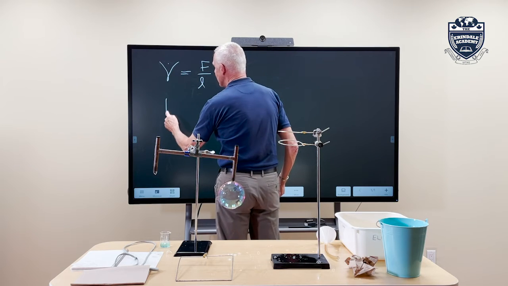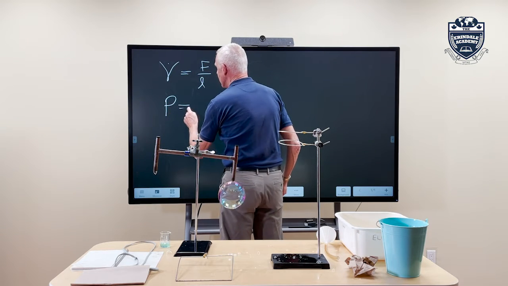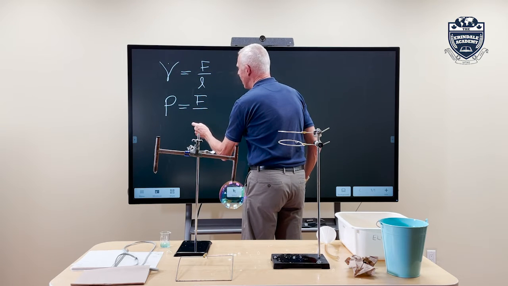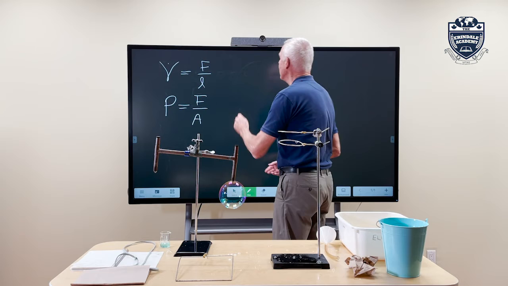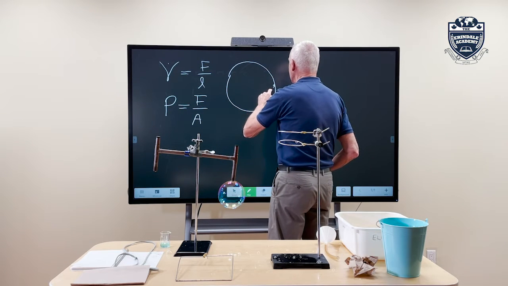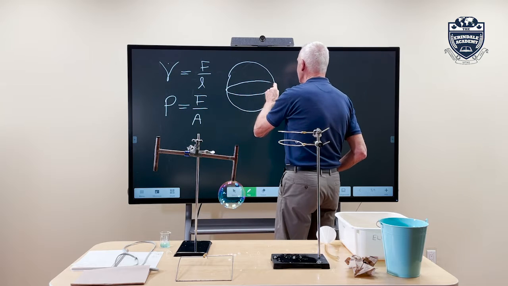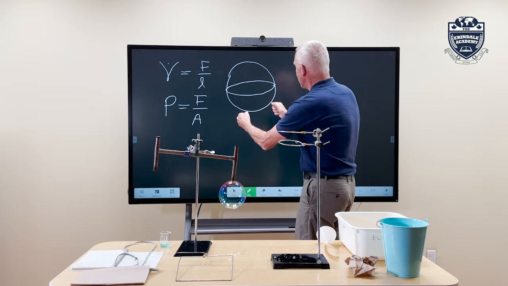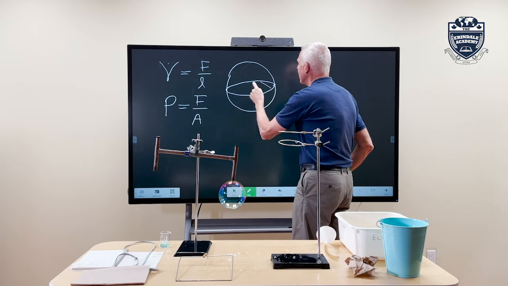The pressure inside a soap film is force per unit area. Now if we look at a soap film or a bubble like that, I'm just going to cut it in half. And the top part is being pulled down on this area here.